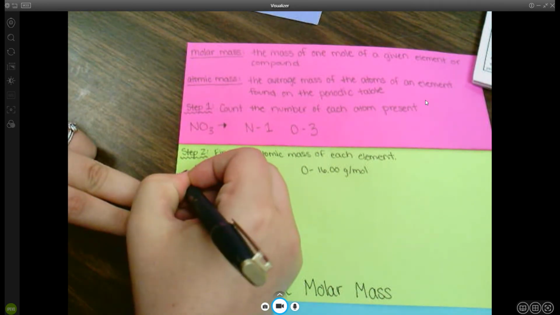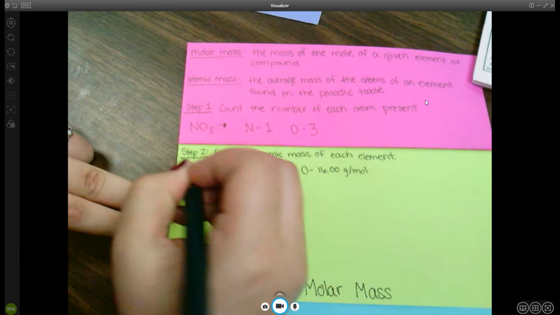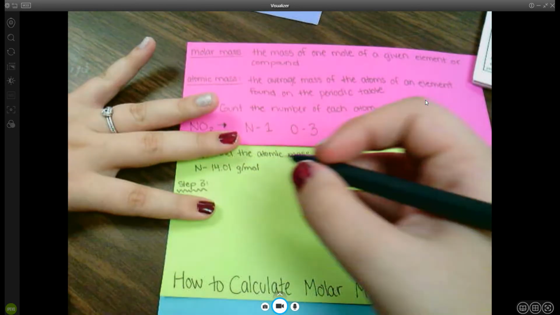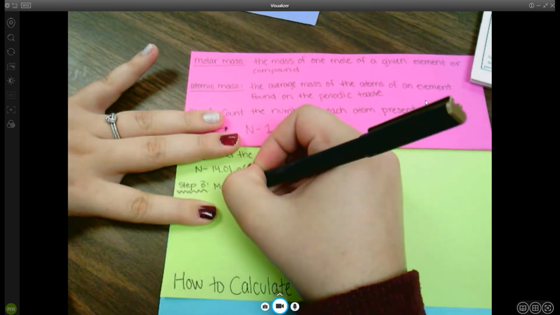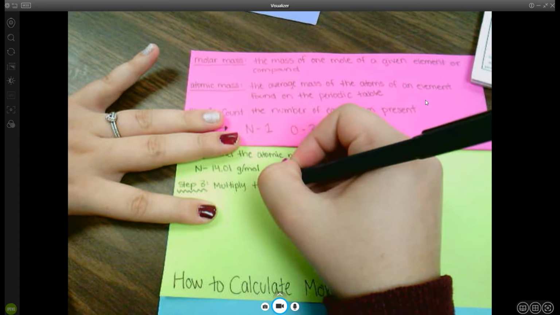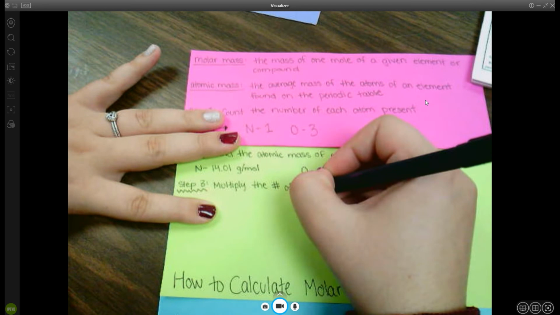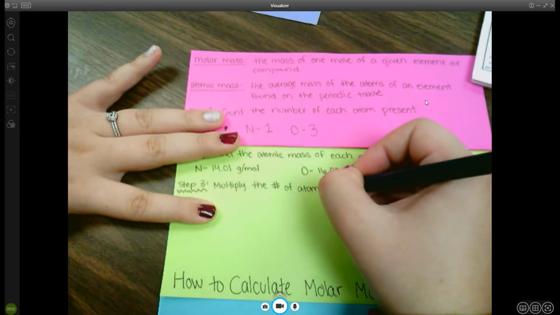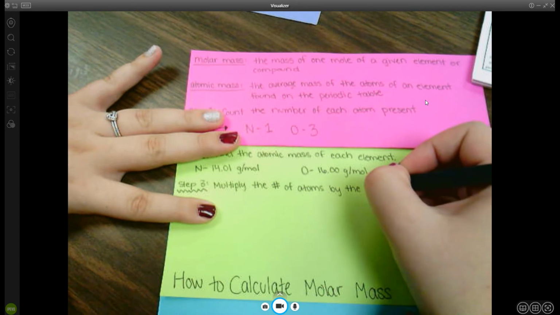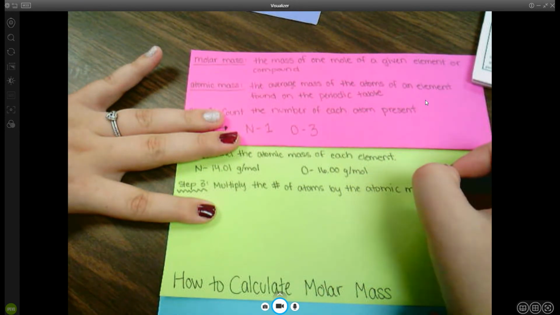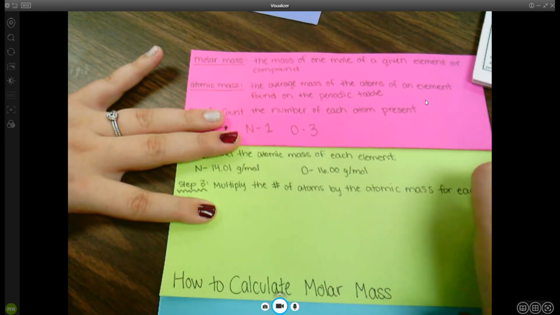So step 3. You're going to multiply the number of atoms by the atomic mass for each element.